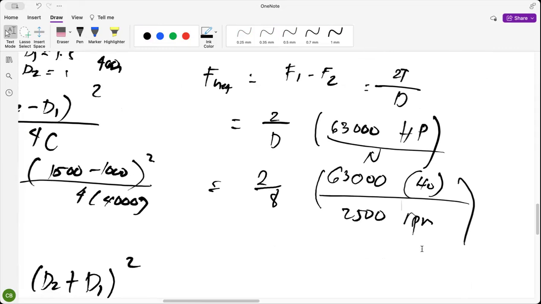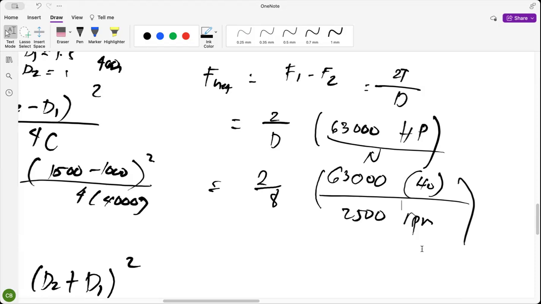So we just compute this. So we have 2 over 8 multiplied by 63,000.